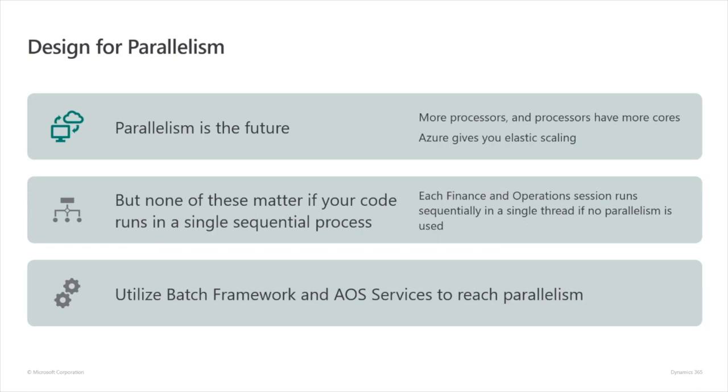Now, there are different ways to introduce parallel and asynchronous processing within finance and operations so that your users can continue to be productive. But keep in mind that if you utilize, for instance, the run async framework, the execution of code at runtime will still be handled on one AOS node for a given execution of a process.